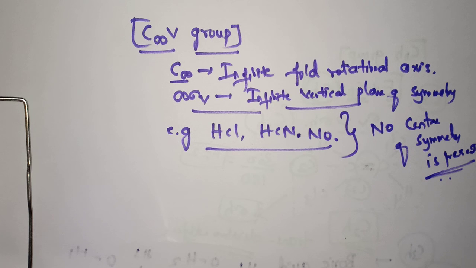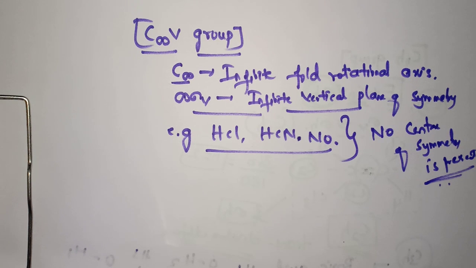What are the examples of this C infinity V group? Linear molecules are the examples. Linear molecules can be rotated about the principal axis to any desired degree, and have an infinite number of vertical planes. So linear molecules have the C infinity V group.